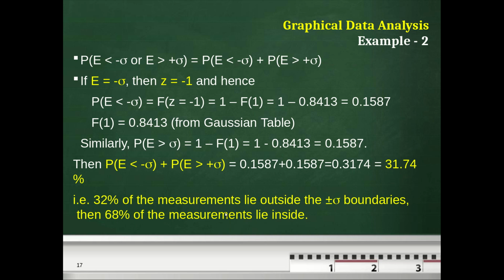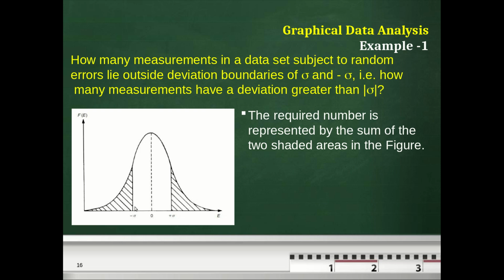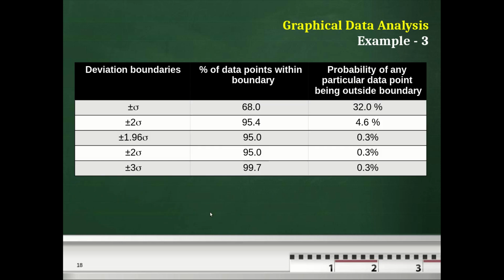This is the measurement outside the boundaries, and 68% of the measurements is inside this place. Okay, now this is a calculation you can do by hand. Outside the sigma plus and minus, it's inside 68, outside 32.